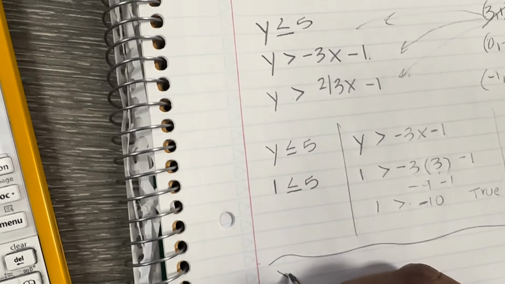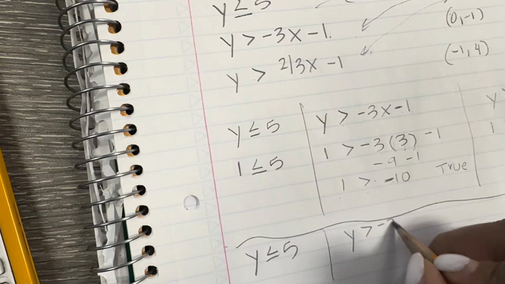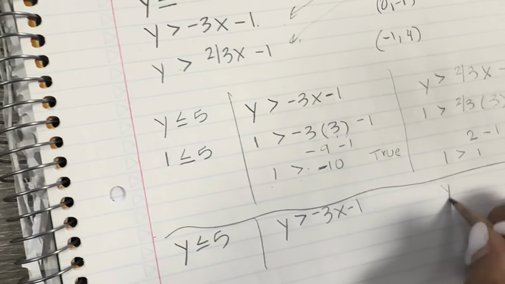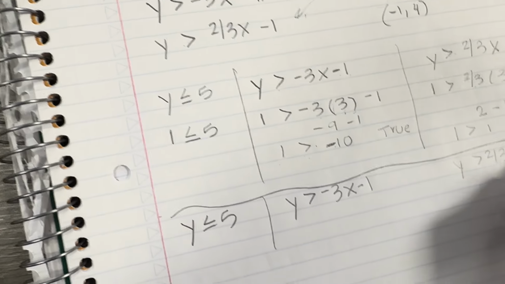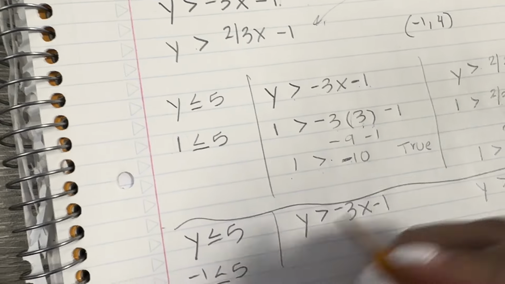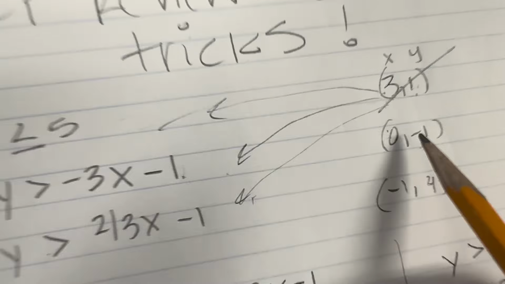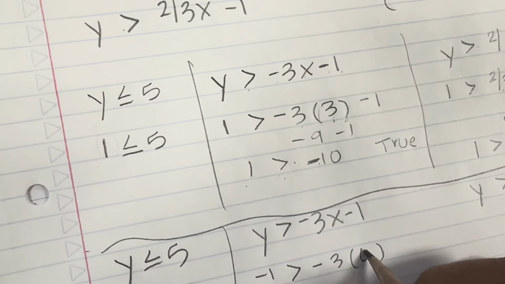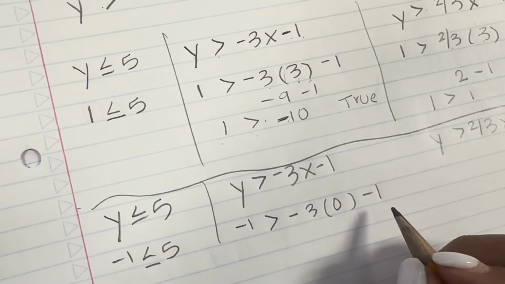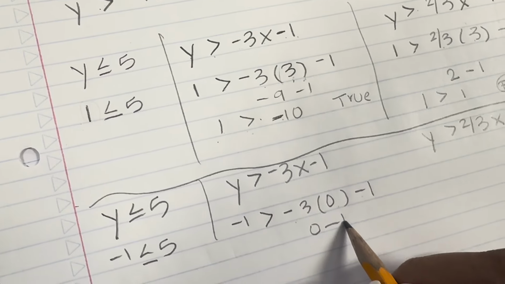So you do y is less than 5 again. Y is greater than negative 3x minus 1 again. Just rewrite it and change out your points. So y is what? Negative 1. Negative 3 parentheses, 0. This is head math. Remember, negative 3 times 0 is what? 0 minus 1.